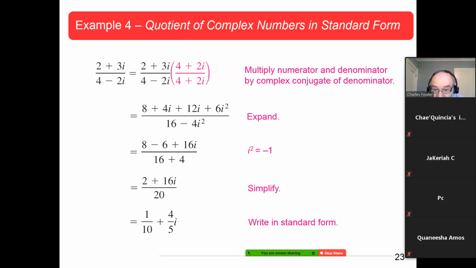To me, just factoring out the 2 everywhere here and make that 1, an 8, and a 10, that would have been okay too. 1 plus 8i over 10. Sure, this would simplify a little bit further, but I don't have any problem with that. The book always wants you to take it to standard form, and that's probably a good practice. I'm just sort of lazy.